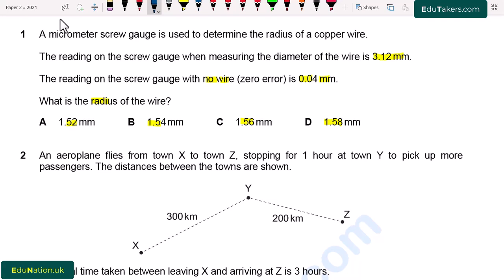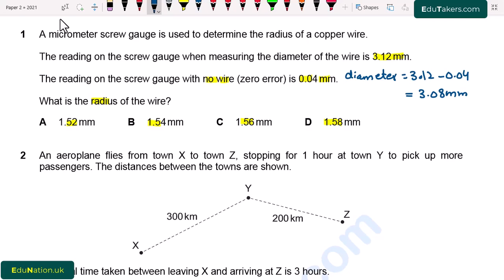So I write here: diameter will be equal to 3.12 minus 0.04, which is equal to 3.08 millimeter. This is the diameter of the wire measured with the screw gauge after applying the correction.